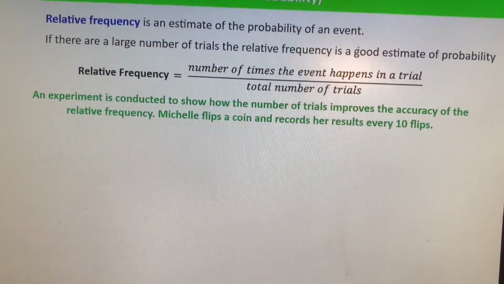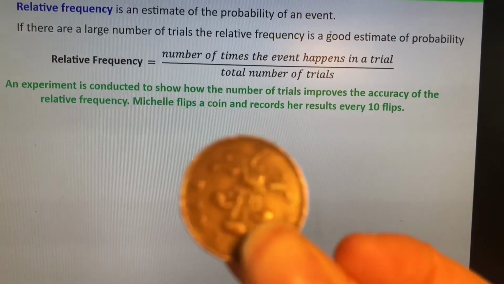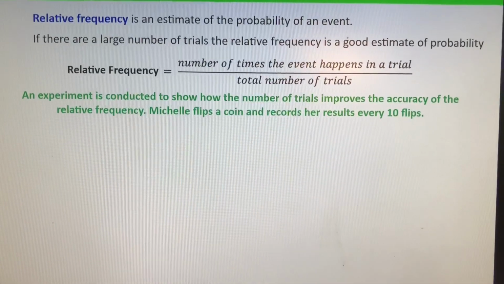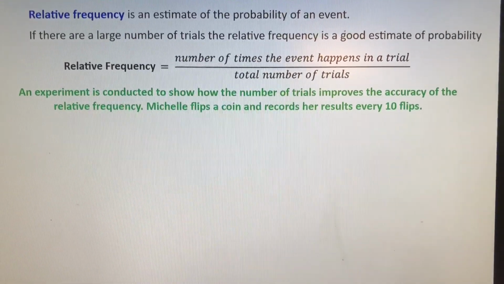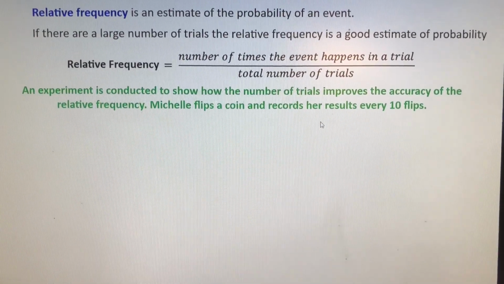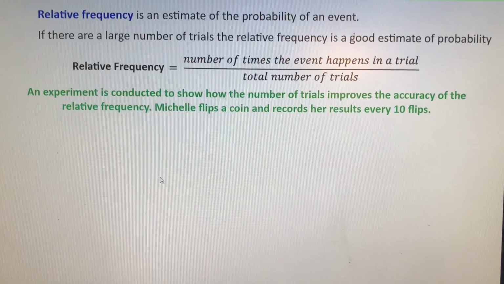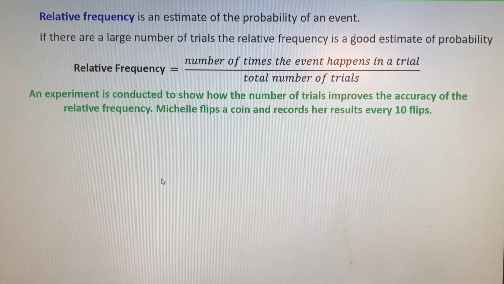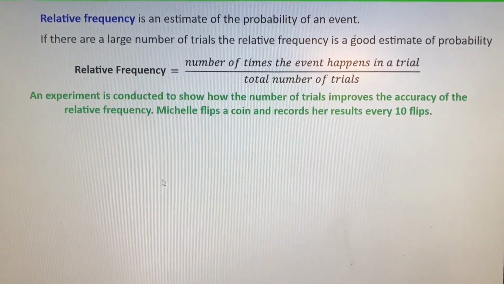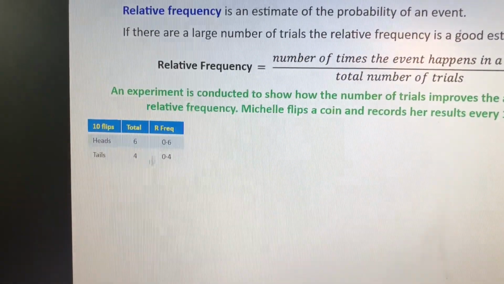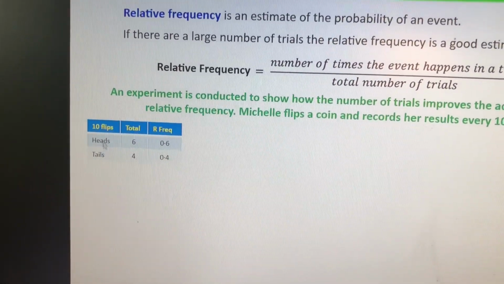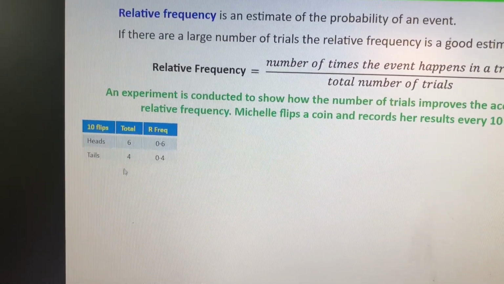Michelle flips a coin, and each time she flips it, she records whether she gets a heads or a tails. And for each 10 flips, she'll write down her results from that previous 10. So her first 10 flips, she got 6 heads, 4 tails.